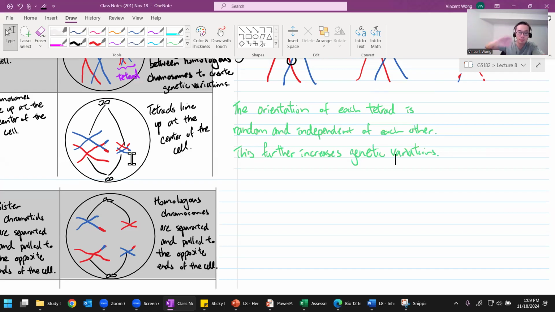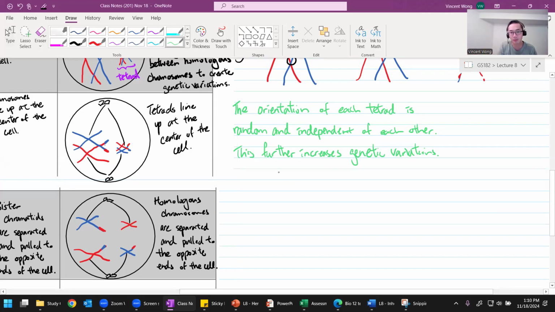So how you position these tetrads, whether it's the blue copy on top or the red copy on top, this is completely random. And how one pair position itself has no effect on how the next pair position itself. So it's like flipping a coin 23 times. The result of each coin, right, heads or tails, or like blue on top or red on top, has nothing to do with the next pair.